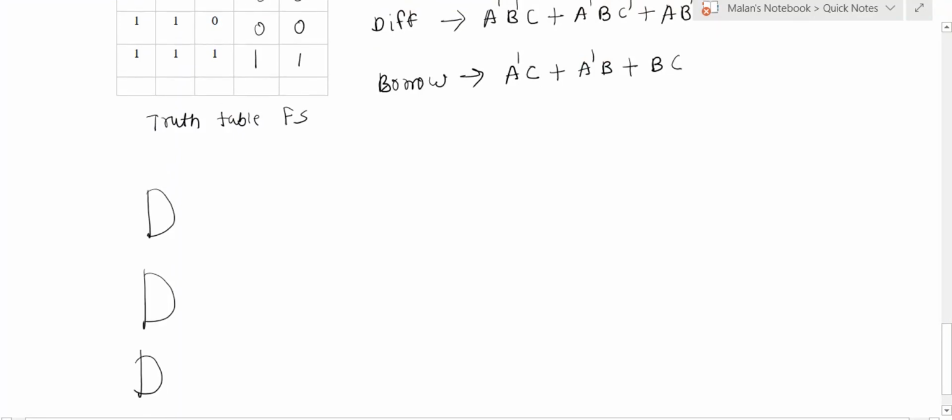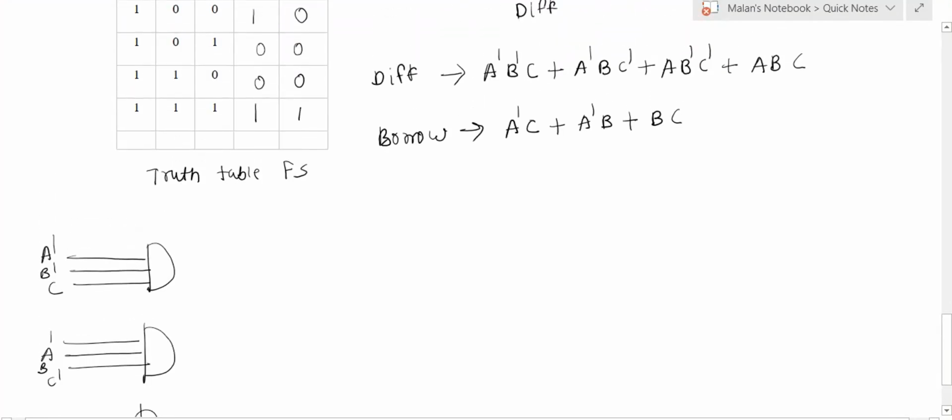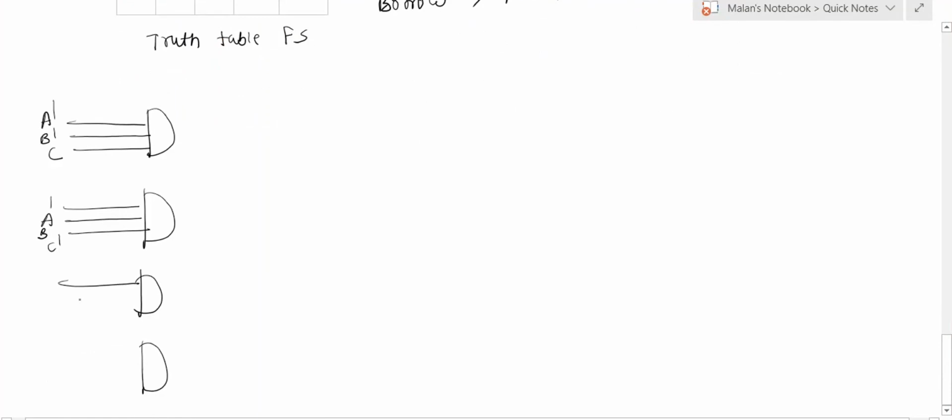The first AND gate has inputs A bar, B bar, C. The second has inputs A bar, B and C bar. The third has A, B bar, C bar.